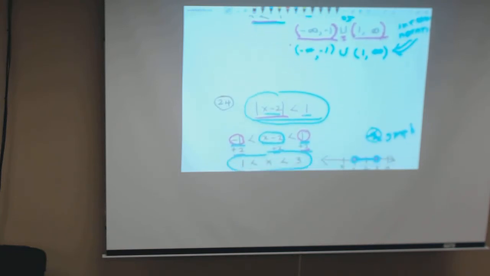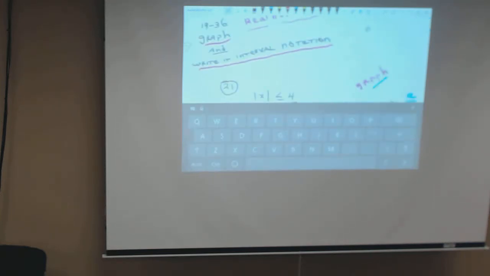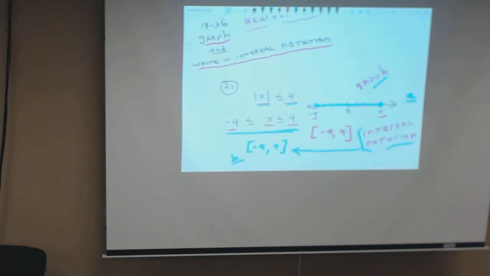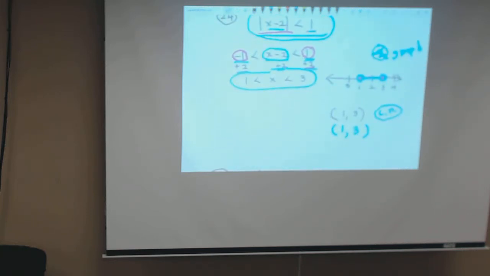And it explains that process on page 352 also in the textbook. So then I add 2, add 2, add 2, and I end up with this. Okay?